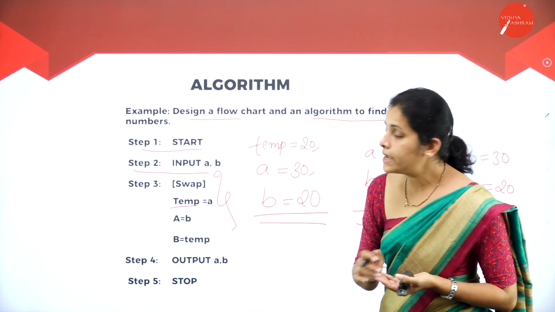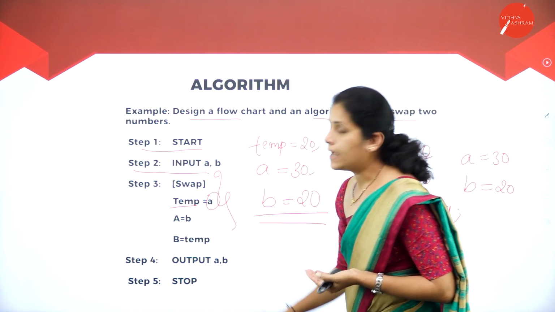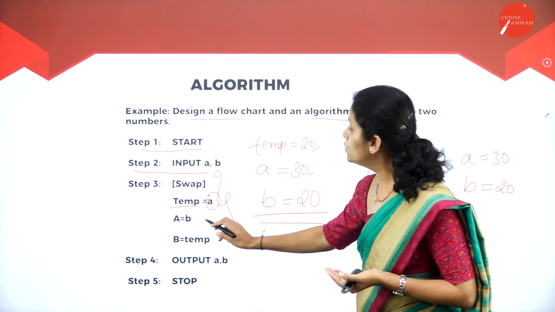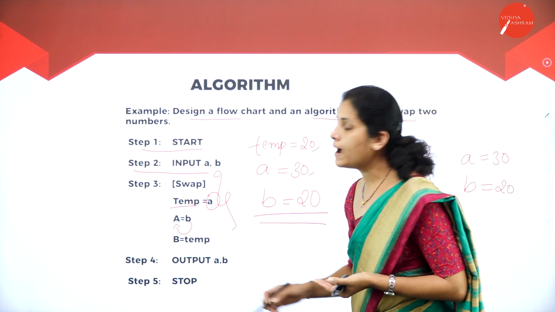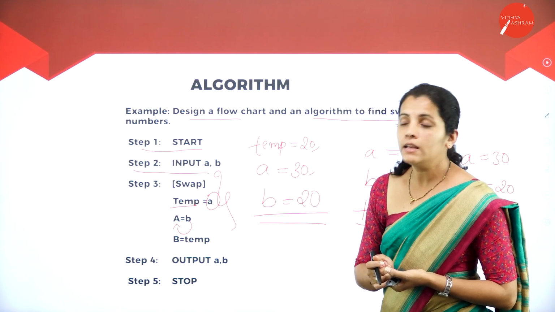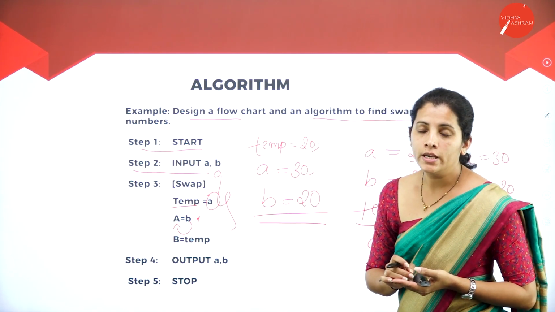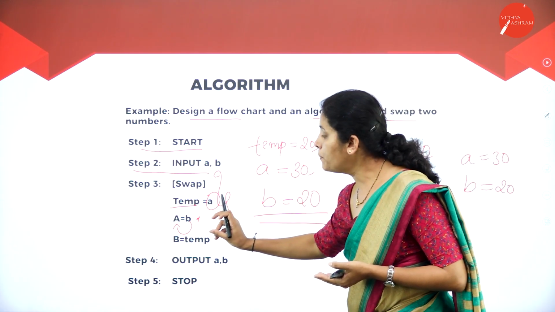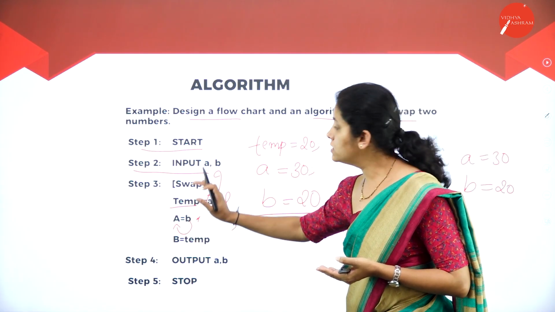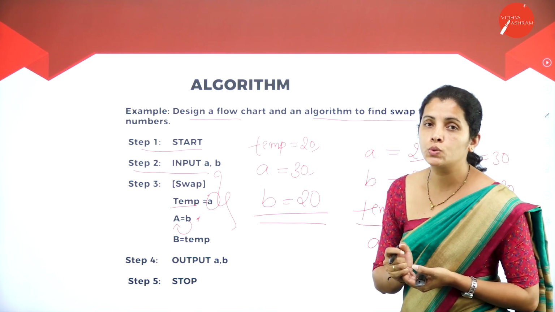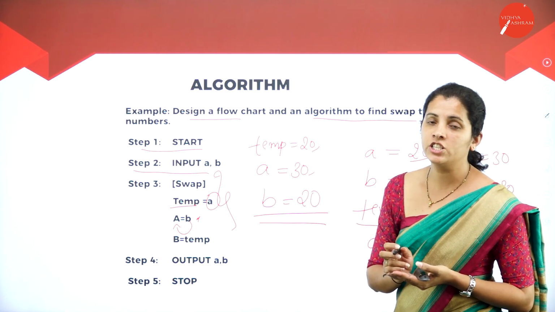Then once again, now A is empty. Now I'm going to assign the B value to A. Now B is empty. Now I'm going to assign the temp value to B. So this is the way I can swap two numbers with each other.